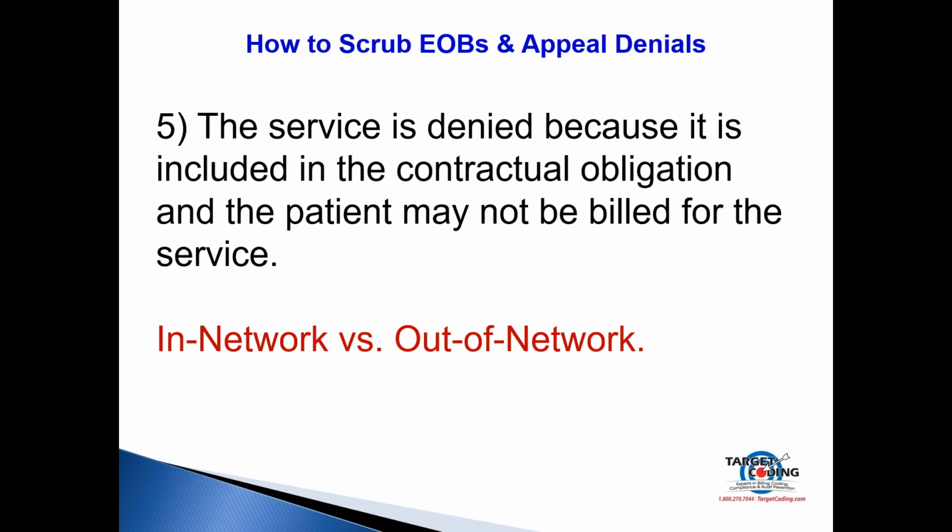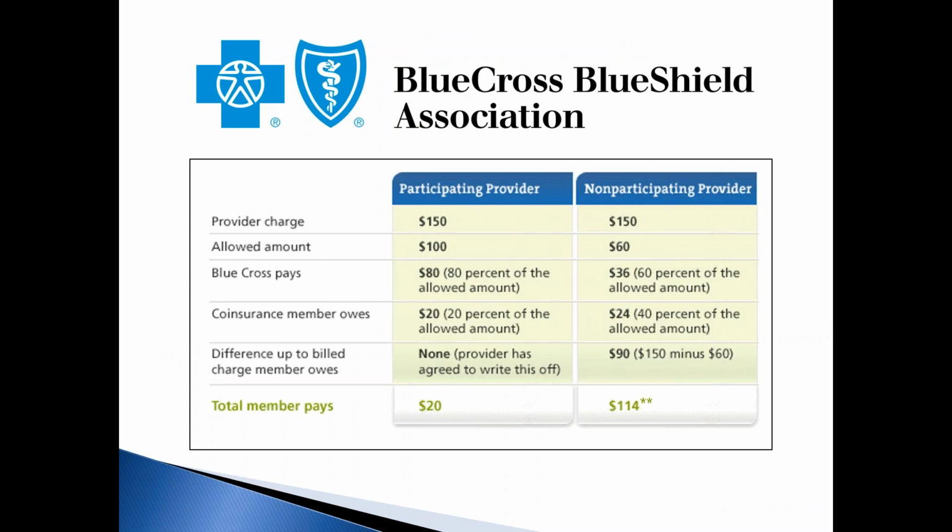Next, the service is denied because it is included in the contractual obligation and the patient may not be billed. Okay, if you're in network, I guess that makes sense. If you're out of network, that doesn't make sense. Health plans try to steer patients to participating or in-network providers, and they give them these little charts.